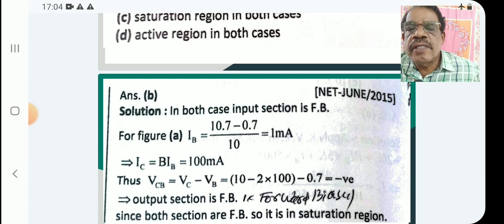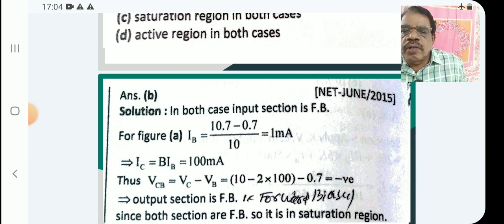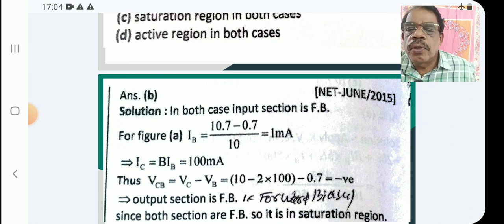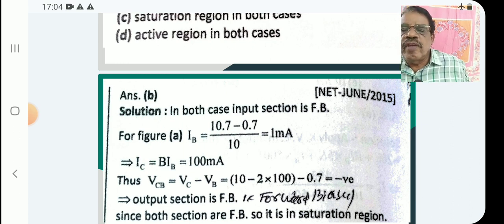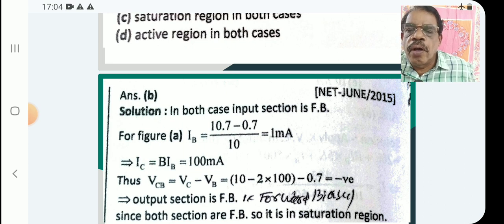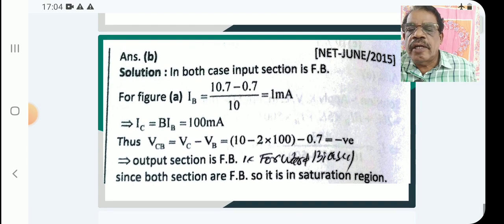Solution: in both cases the input section is forward biased. In figure A, IB is equal to, using the equation, VBB minus VBE by RB, that is 10.7 minus 0.7 by 10, that is 1 milliampere. IC is beta IB, that is beta 100 into 1 milliampere, 100 milliampere.